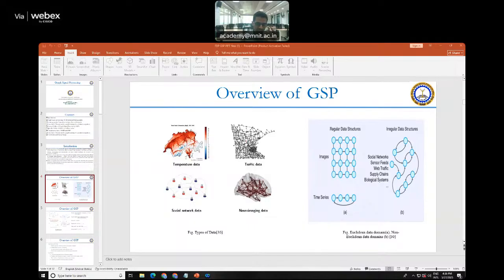That's why we are very much interested in representing the signal as a graph, whether it is neuroimaging or the social network or the temperature, because here the neighborhood data makes a lot of difference, or we can say it gives a complete picture.